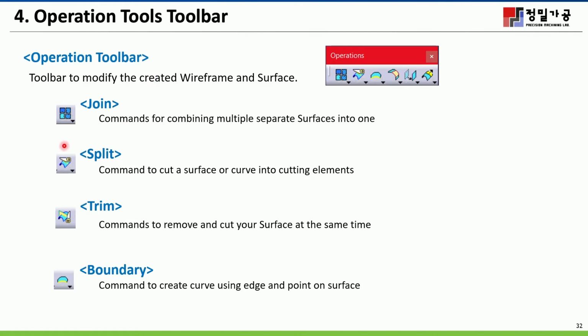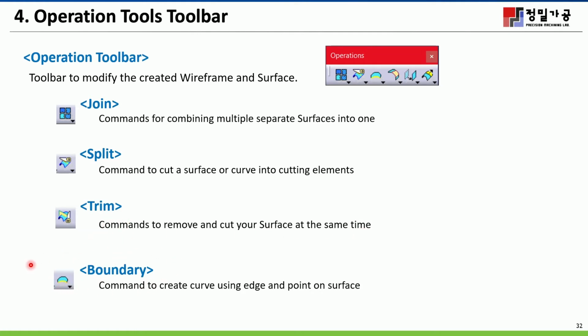This one is join. And the second one is split, to cut, of course, a surface or curve with a cutting element. And the third, maybe there is a trim here. This command is to remove and cut your surface at the same time.